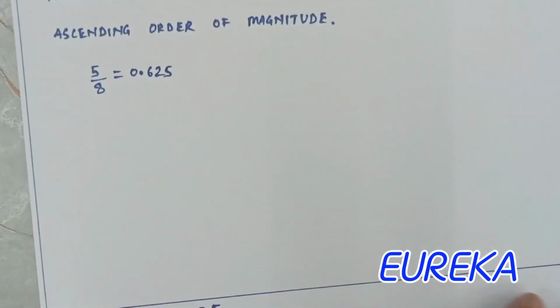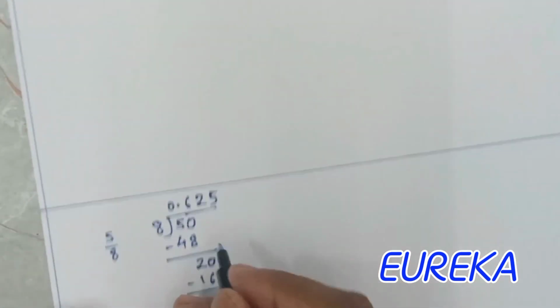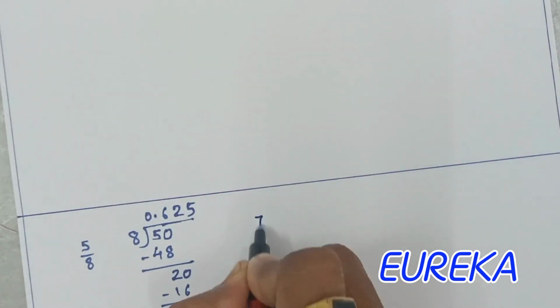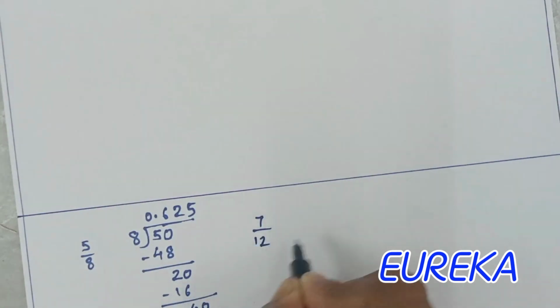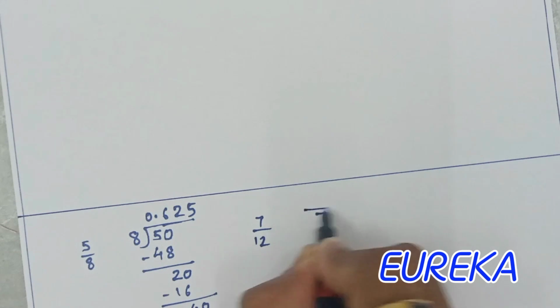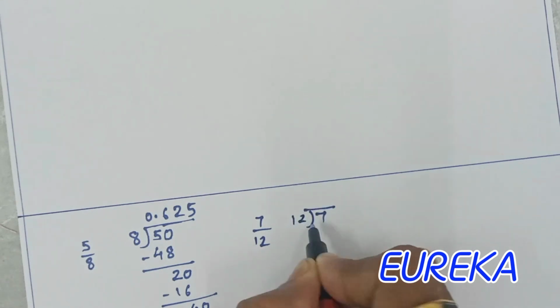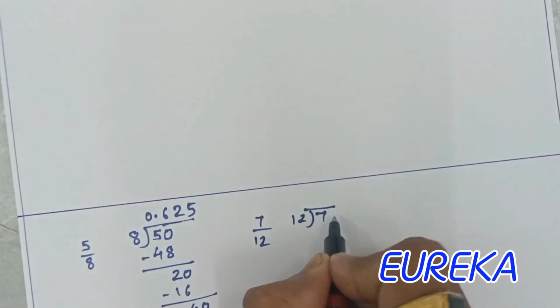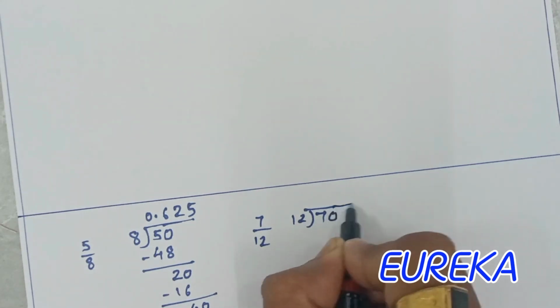Okay, now the second number is 7 by 12. Let's have it, 7 by 12. Same way, 7 is being divided by 12. Because we know that 12 will not divide 7, we'll have to write 0.